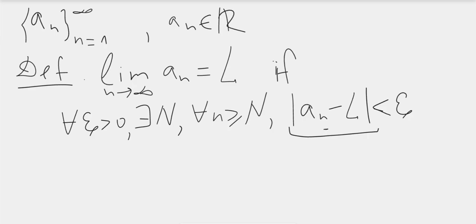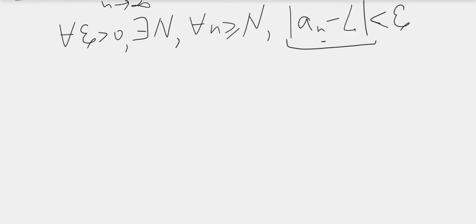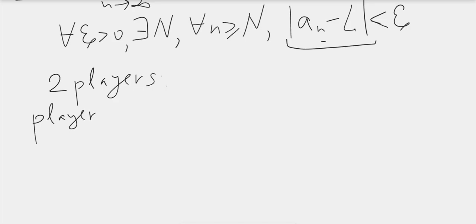So this is the formal definition, but an interesting way to think about this is in terms of a game between two players. Two players play a game. So the first player, player 1, chooses epsilon greater than 0.